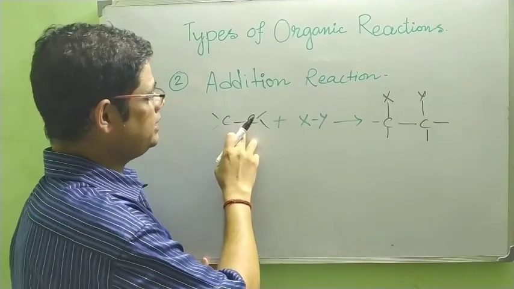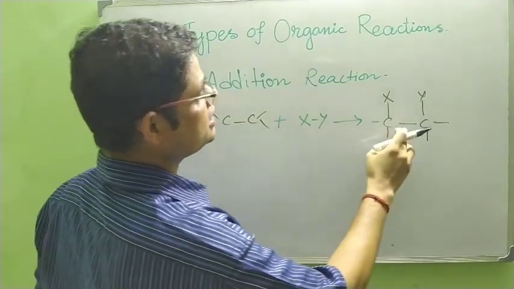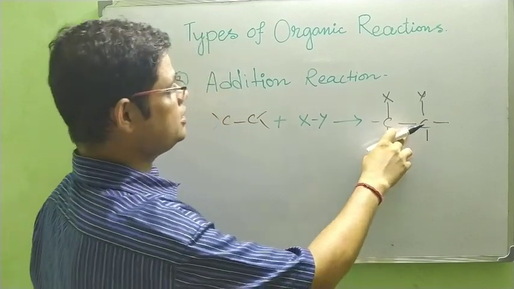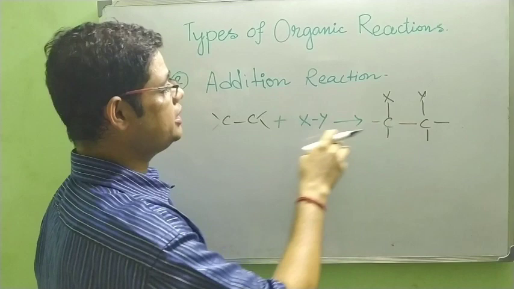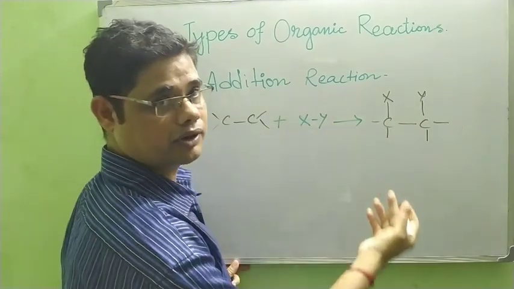Do observe that the double bond becomes single bond here. So in addition reaction, double bond becomes single bond, triple bond becomes double bond.